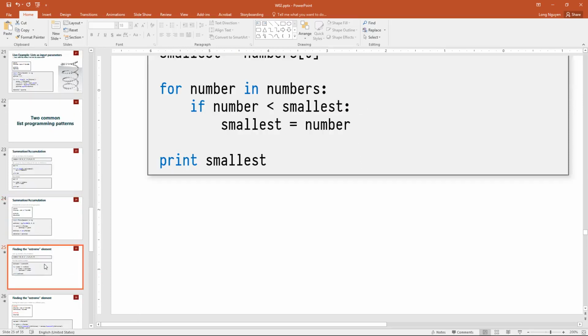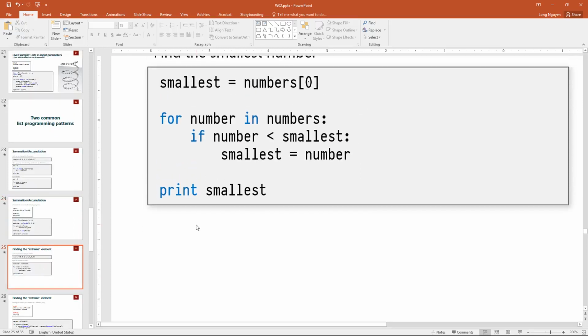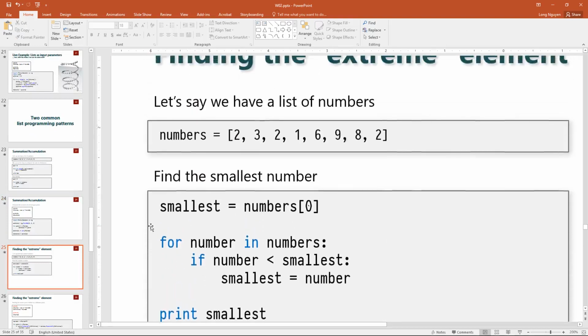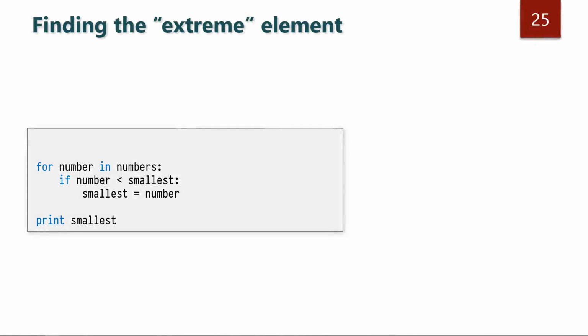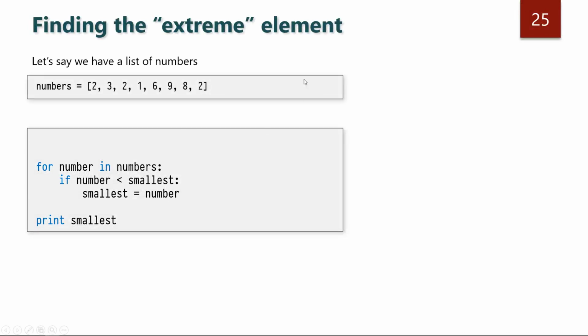The next pattern is also very commonly used. It is called finding the extreme element inside a list. Now what do I mean by extreme? It depends. Extreme can be the smallest number in the list, for example. In this example, let's say we have a list like this, and we want to retrieve the smallest value, which is obviously here number 1, right?